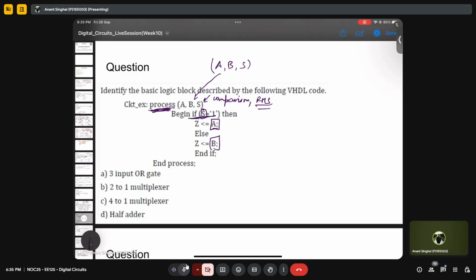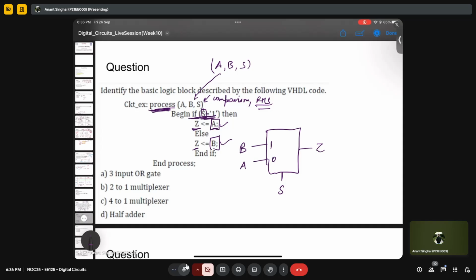Now the problem says that we have A and B as inputs, and a single output which is Z. It depends on S: if S is equal to 1, then A is your output, and if not, then B is the output.